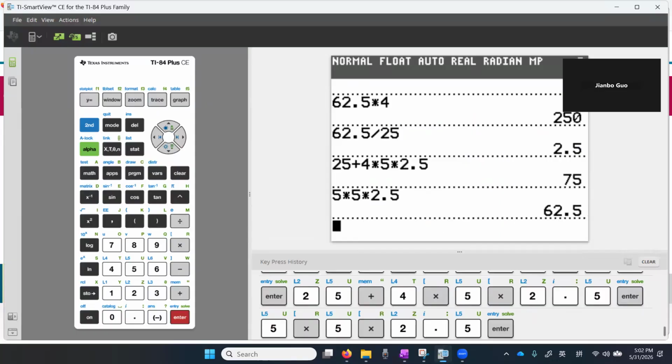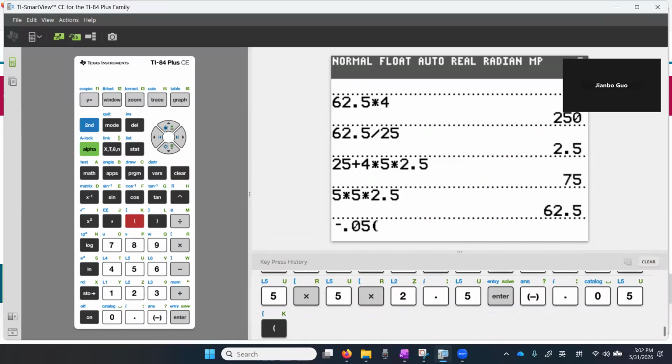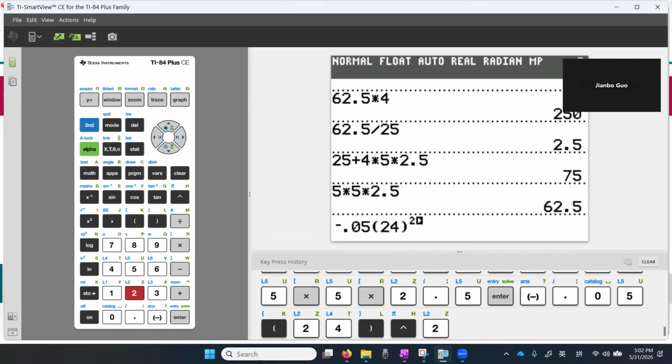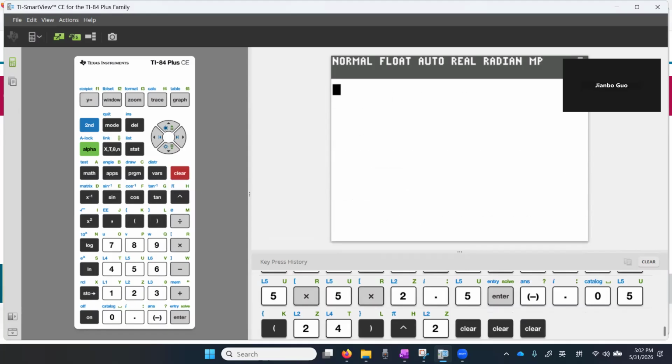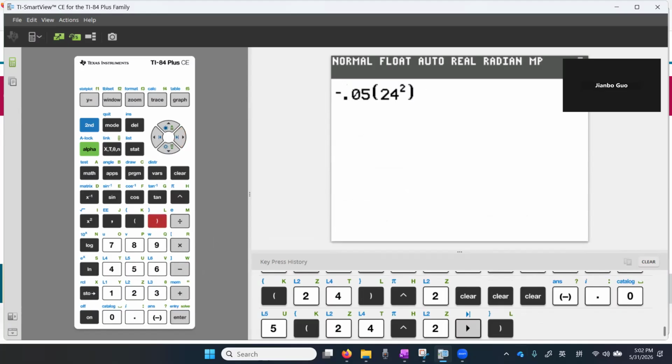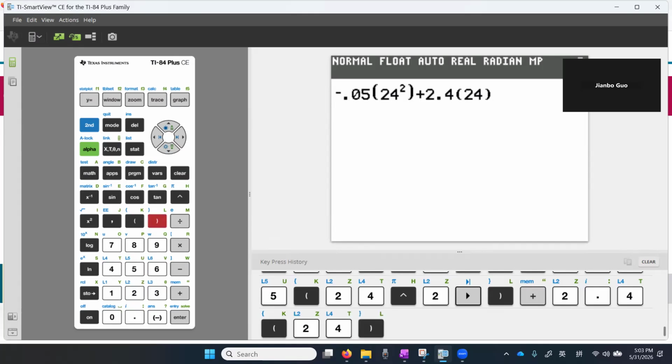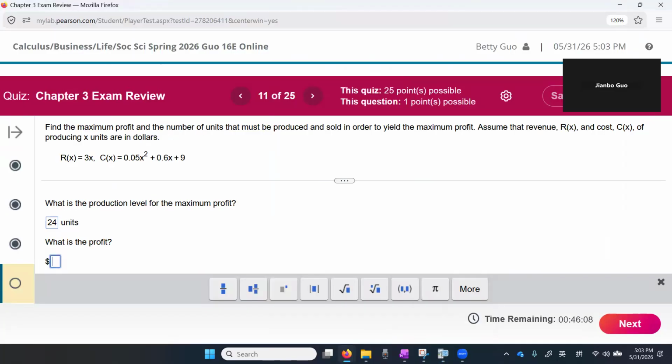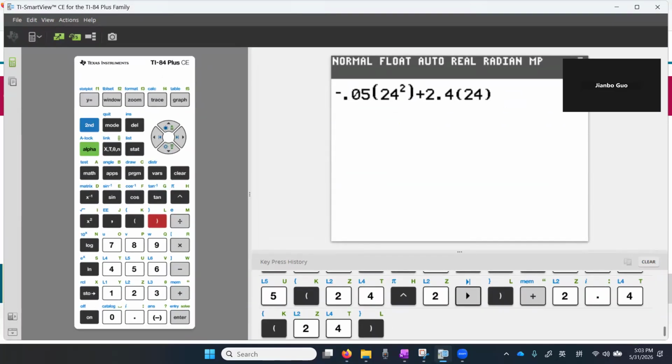Negative 0.05 times 24 to the power of 2, plus 2.4 times 24, minus 9.